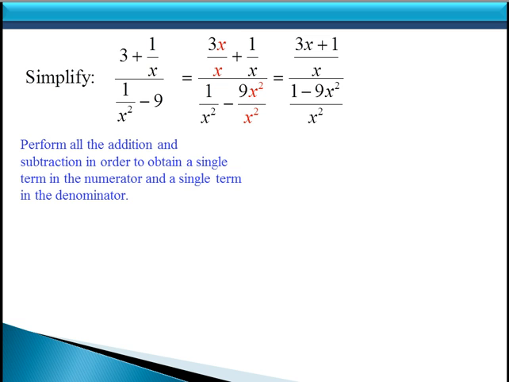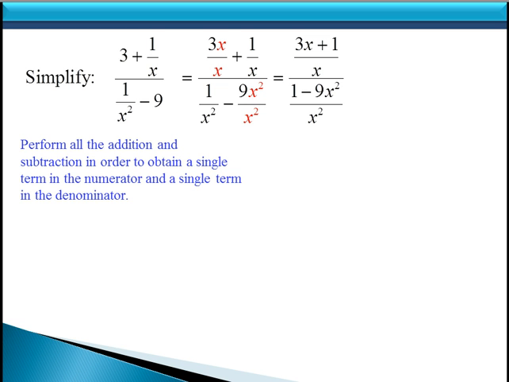So our denominator will be x squared, and our numerator of that subtraction result will be 1 minus 9x squared. Okay, so now we have a single term in the numerator of our original fraction and a single term in the denominator of our original rational expression.